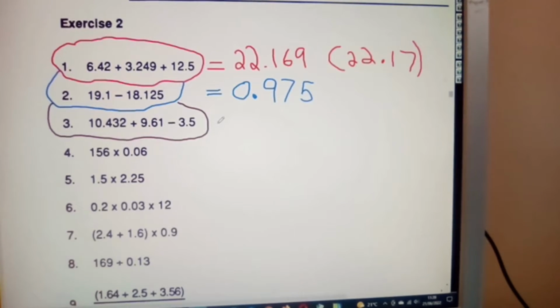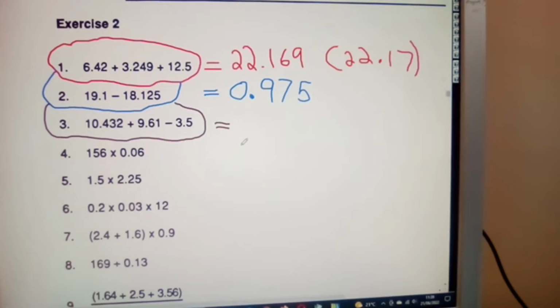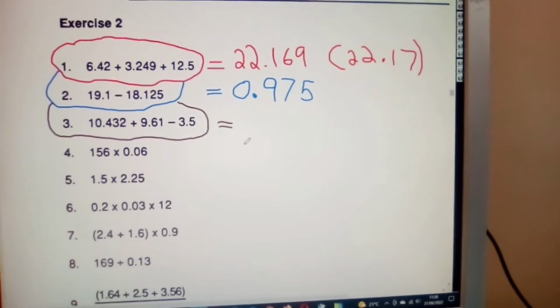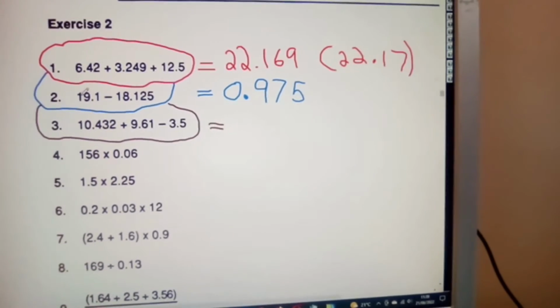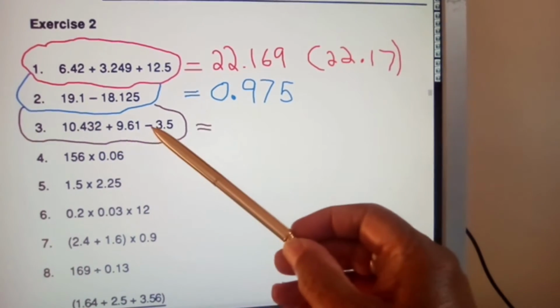Now here we have an addition function. So remember, we have addition, subtraction.